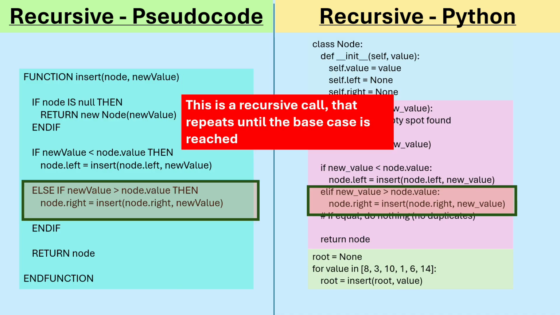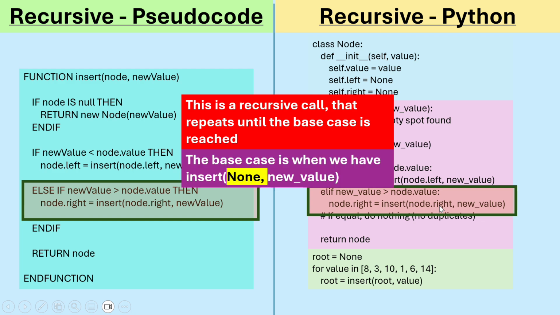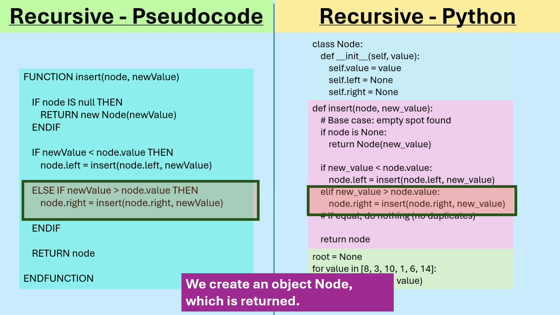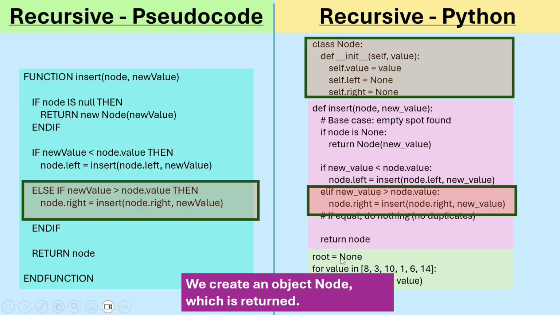Again, there's a recursive part, so the call stack is going to keep calling until node.right is None, and then we create a new node if there's space available. At the end of that, a node is returned. So this line here, you have a returned node.